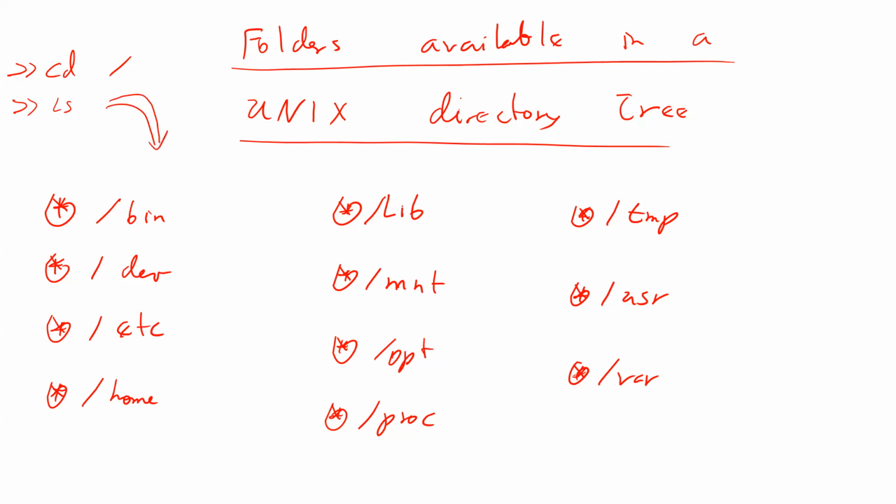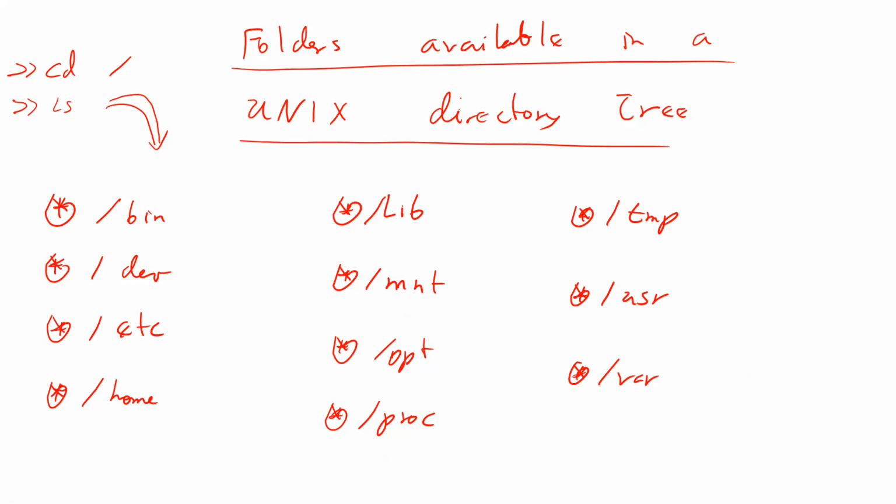We'll talk a little bit about what they are: bin, dev, etc, home, lib, mnt, opt, proc, var, usr, and tmp. All of these folders exist in most Unix systems, and they have specific tasks.